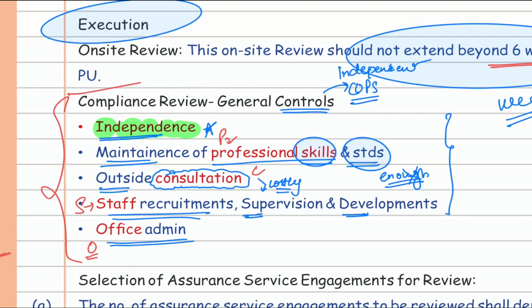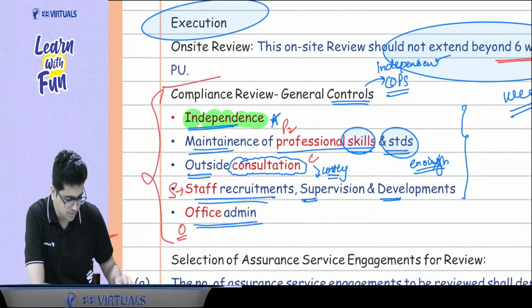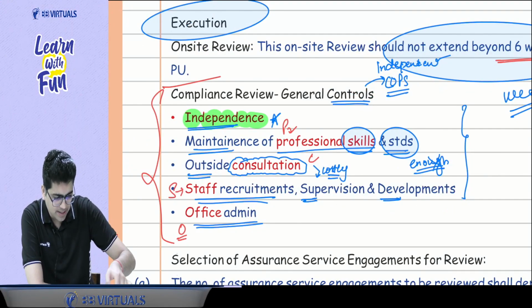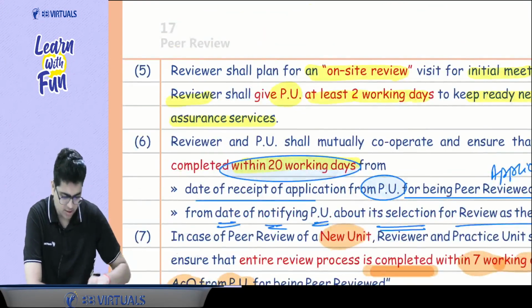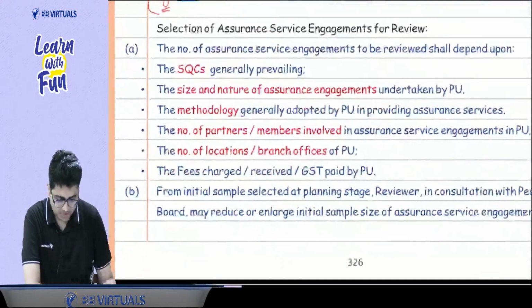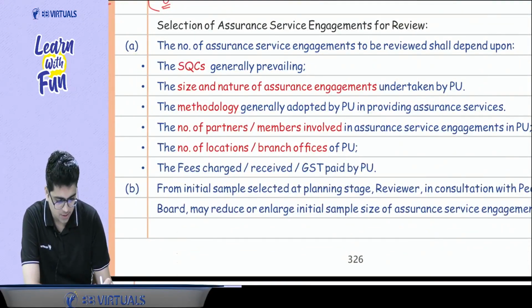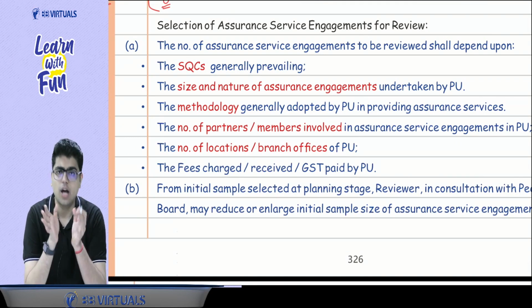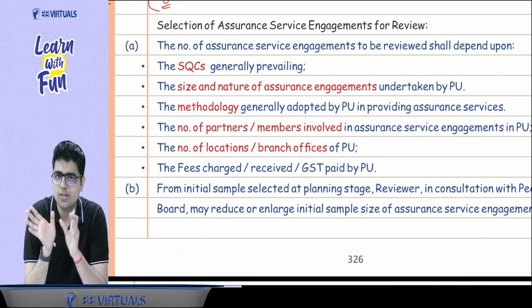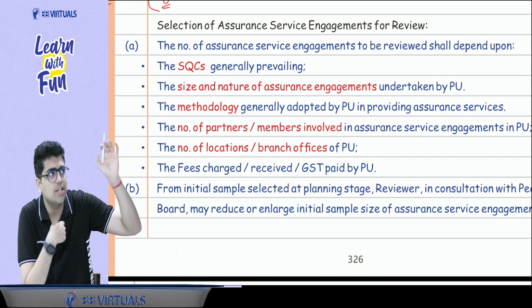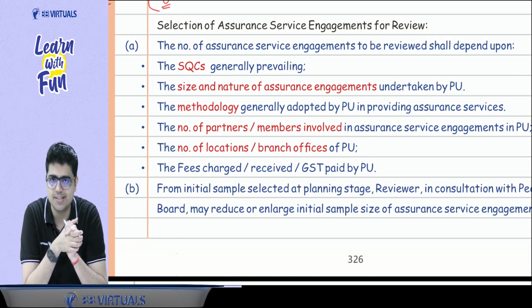Done. Now let's move to the next topic. Please understand. Now the reviewer has access to the questionnaire, and in that questionnaire, the practicing unit has provided all the details to the reviewer.